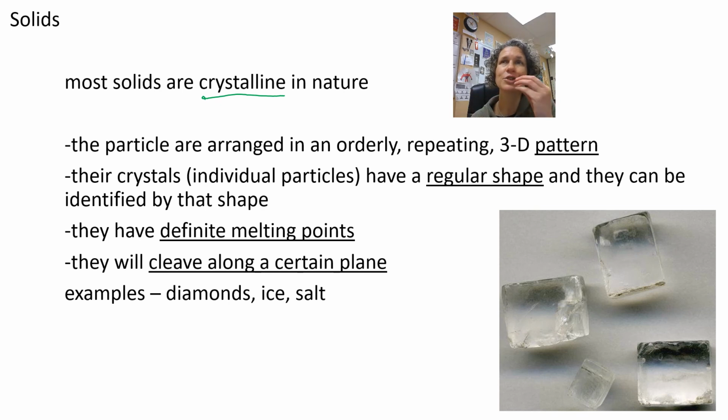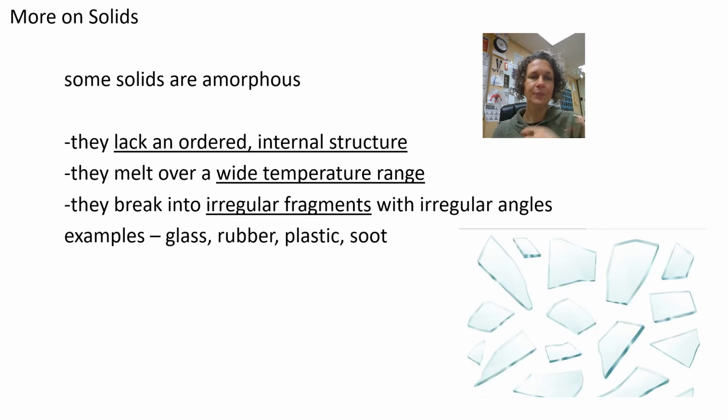Ice: if you've ever bitten into a big ice cube, after you've bitten it off, it's very jagged, but it's not random shapes. They're very uniform. Salt is the picture there. So most solids are crystalline.